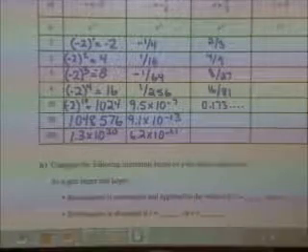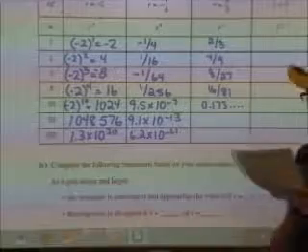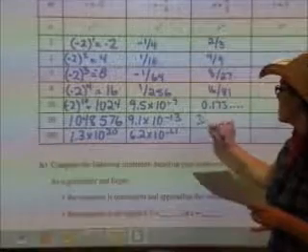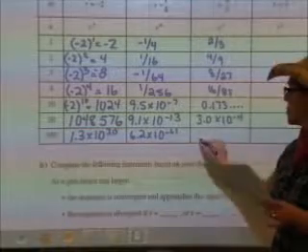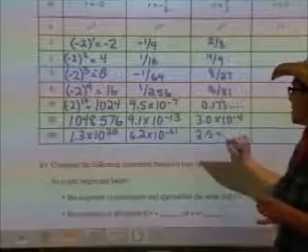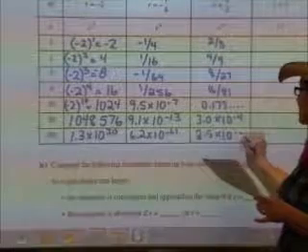I don't necessarily have to put that as a fraction. To the power of 20, I get 3.0 times 10 to the -4. And to the power of 100 becomes 2.5 times 10 to the -18.